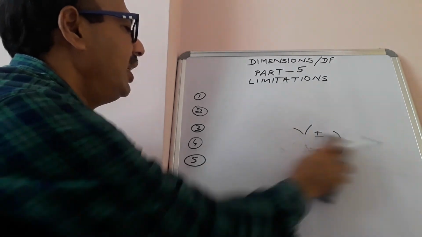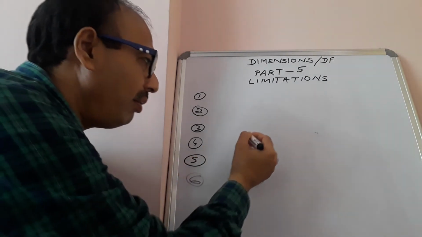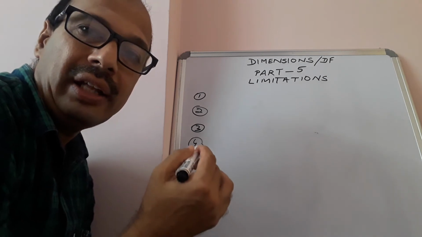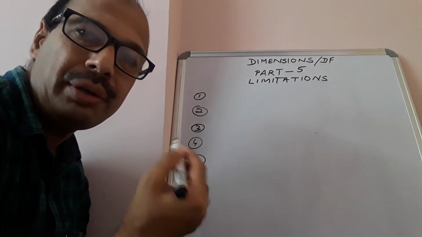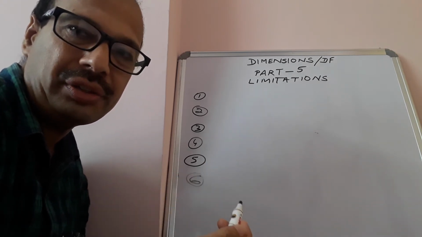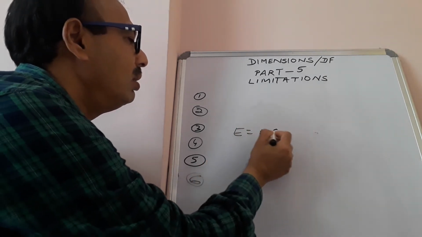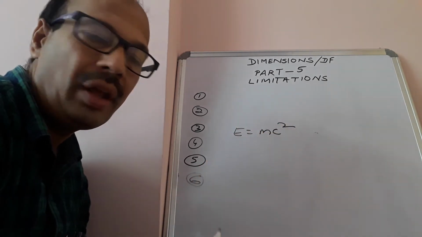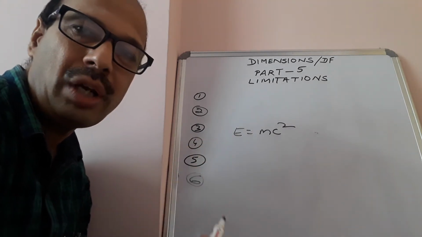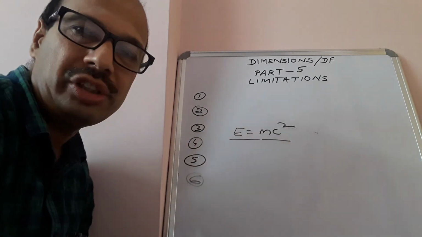Now, lastly, in the fifth application, we have learned that dimensional analysis can be used to identify the new relations among the quantities. For example, E is equal to mc square. So, in preliminary stages, we use dimensional formulae for finding the relationship between the quantities.